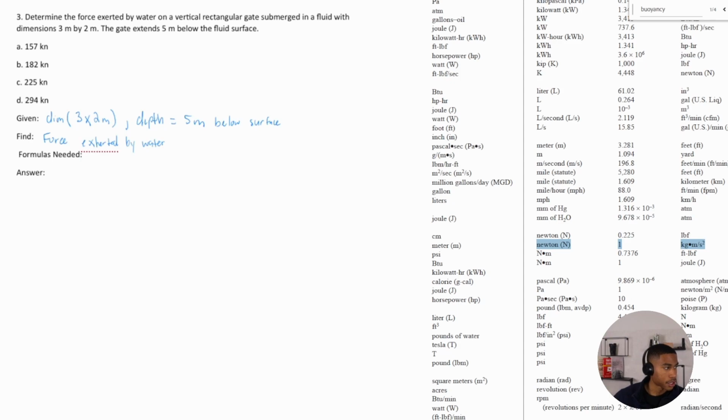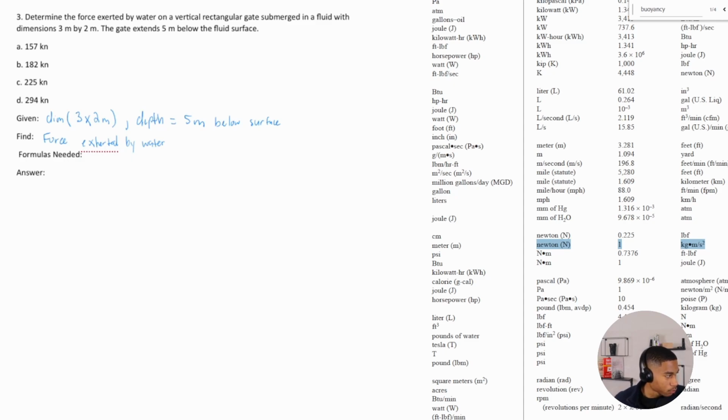All right, so we're trying to find the force exerted by water. When it comes to this type of stuff, force, do we have pressures?